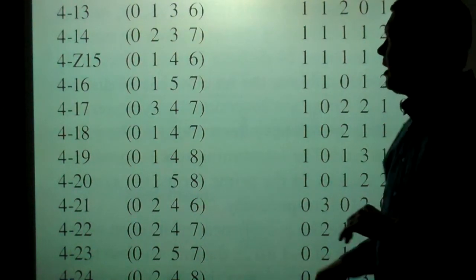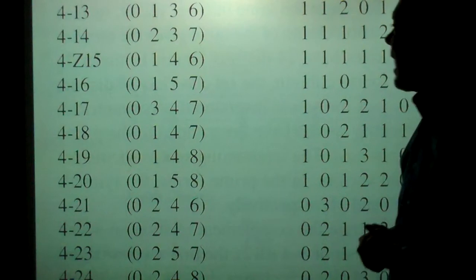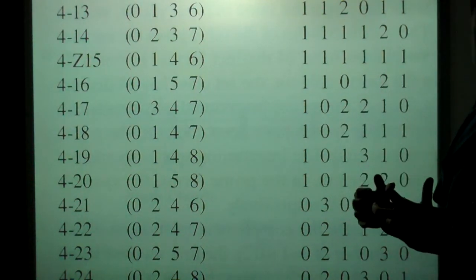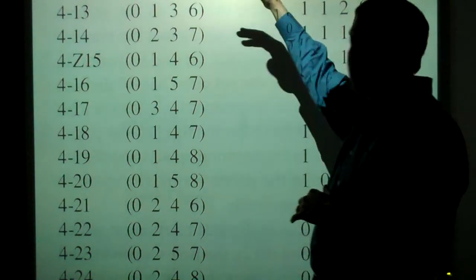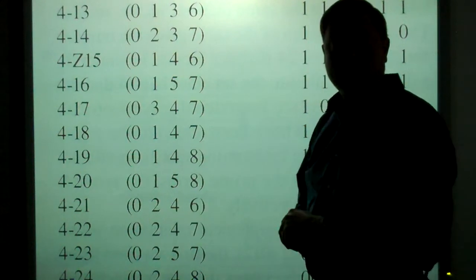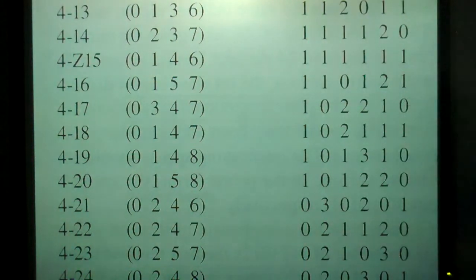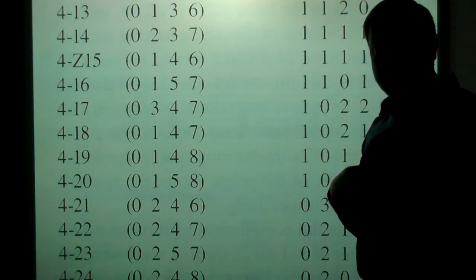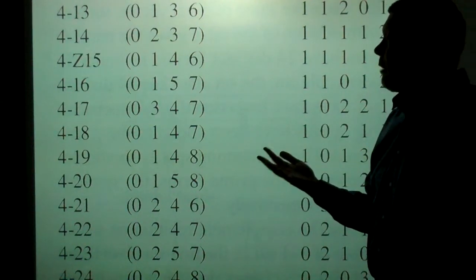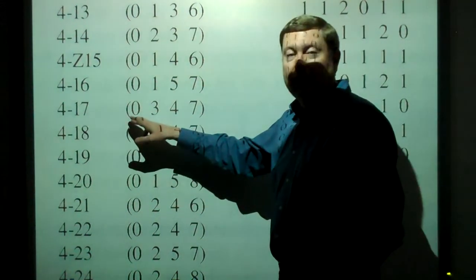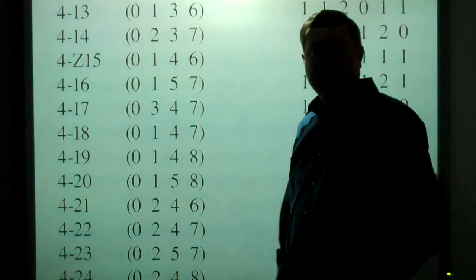So I have gone into Appendix C in the back of your book, and because the example I just did was a four-member set, I'm going to look at the column that contains all the prime forms for four-member pitch class sets. This happens to be on page 560 in your textbook, and because I know the prime form, because that's what I was using to find the interval vector from, my prime form that I started with is 0, 3, 4, 7.